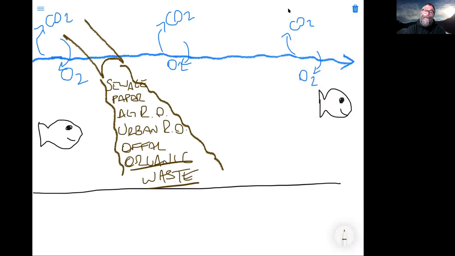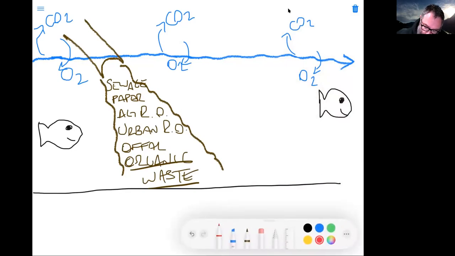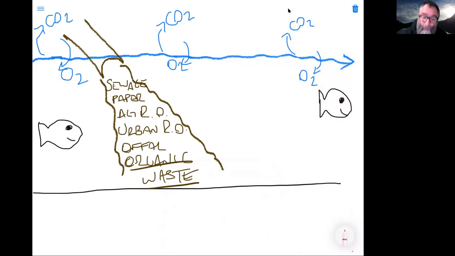So, watch what happens when you add a bunch of biodegradable stuff to water. Okay? First, I'm going to use red to signify the demand for oxygen.